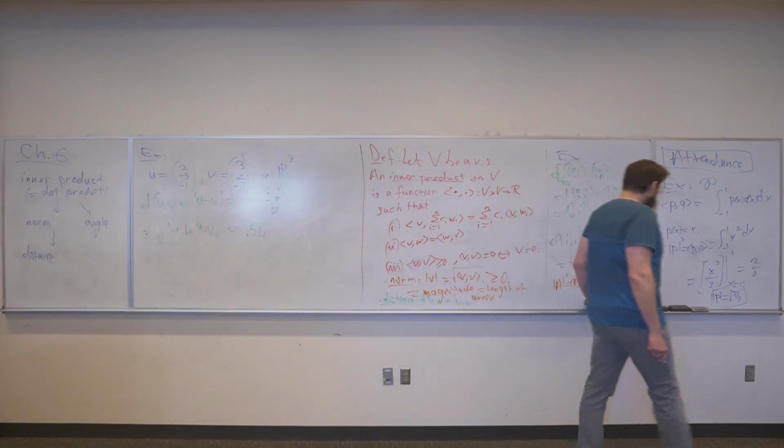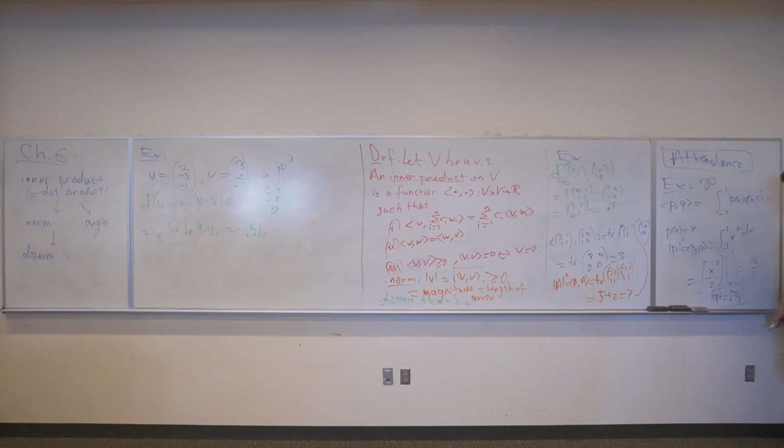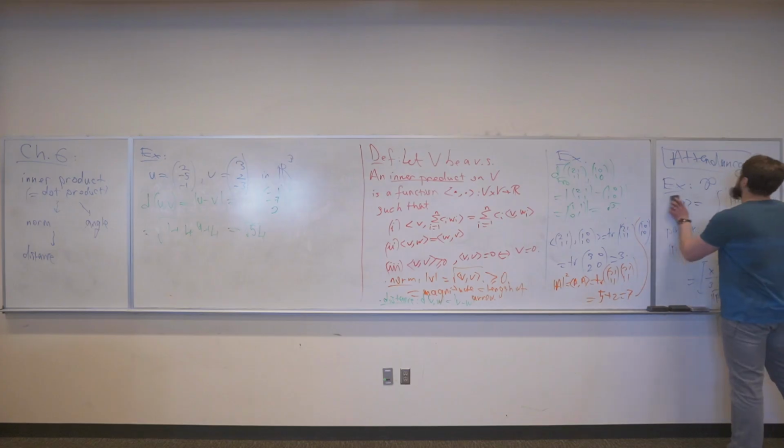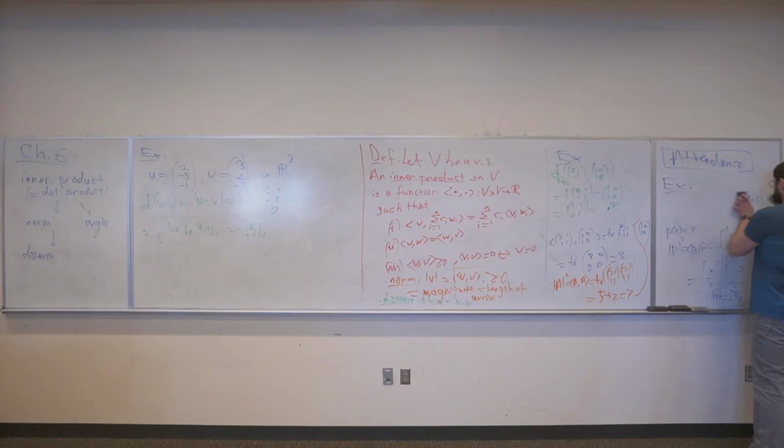Maybe let's do one example here. Let's compute the distance between x and 1 with respect to this. The distance between x and 1 is the same thing as the norm of x minus 1, which is the square root of the integral from minus 1 to 1 of (x minus 1) squared dx.